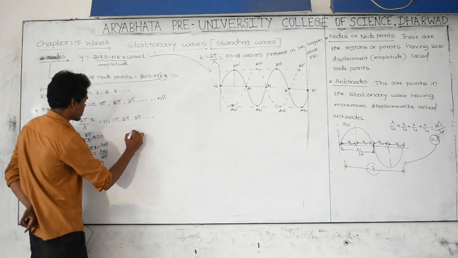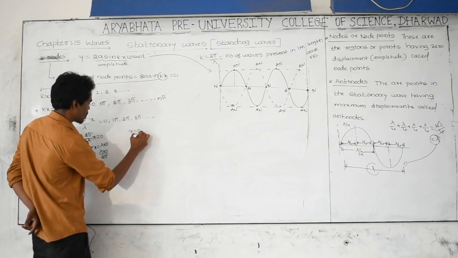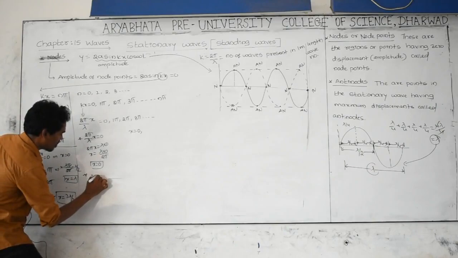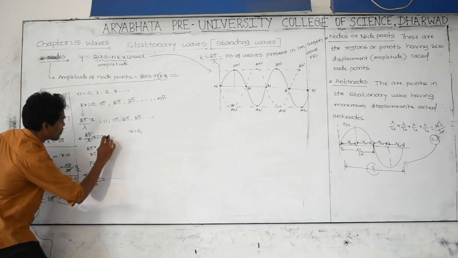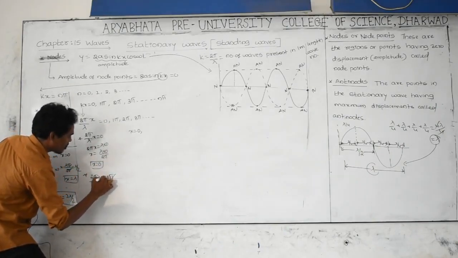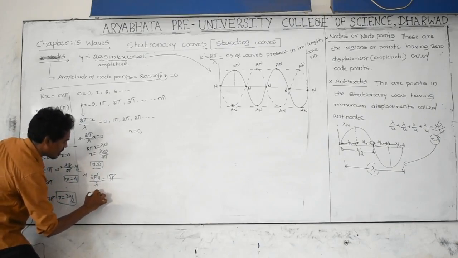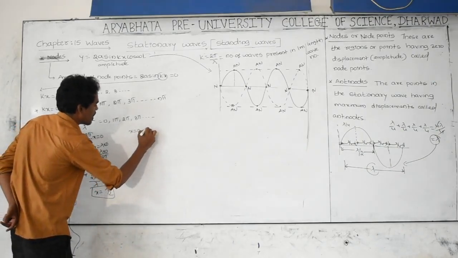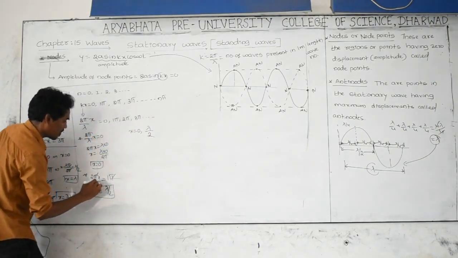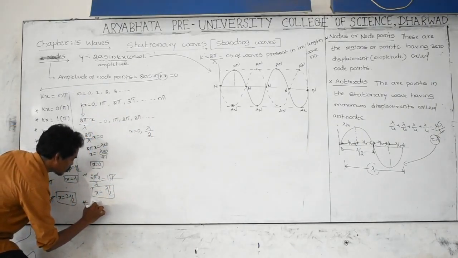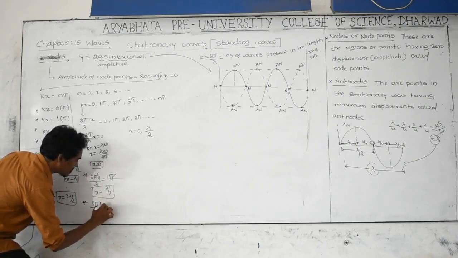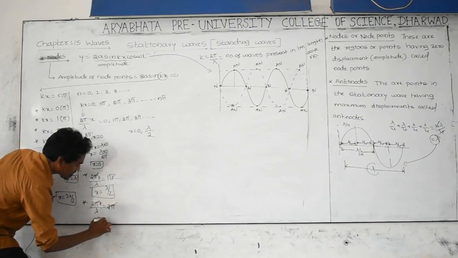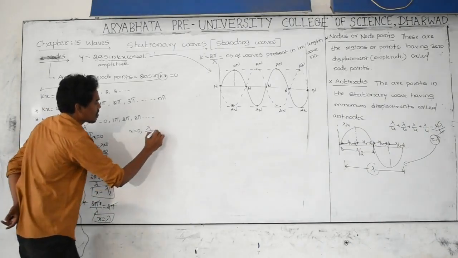Now let us take second, 2 pi x by lambda is equal to 1 pi. Pi gets cancelled, and x is equal to lambda by 2. And third condition, 2 pi x by lambda is equal to 2 pi, 2 pi gets cancelled, x is equal to lambda.